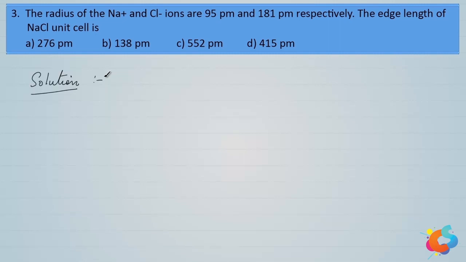The solution is, we know that NaCl has FCC structure. In FCC lattice, we have R plus plus R minus is equal to A by 2. Therefore, the edge length A can be given as 2R plus plus 2R minus.